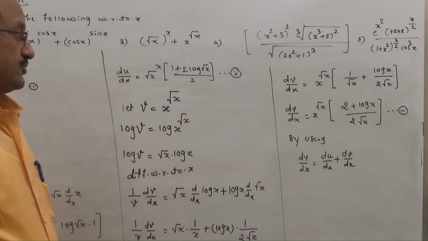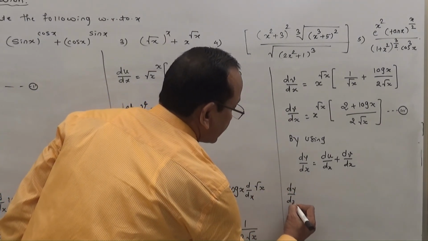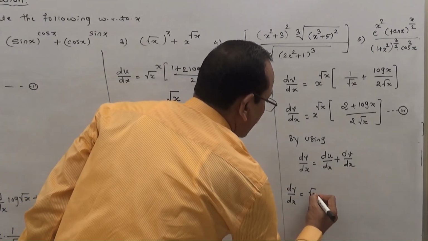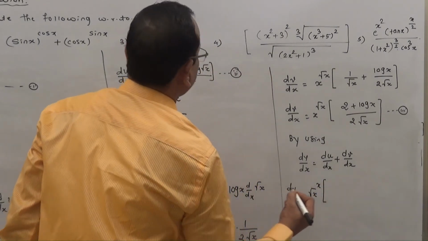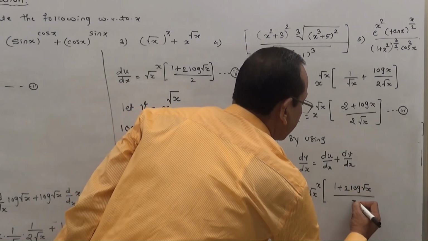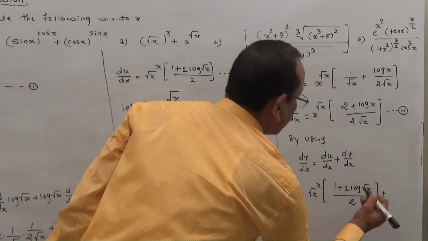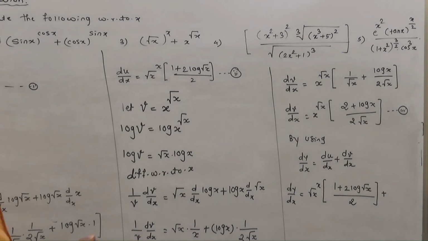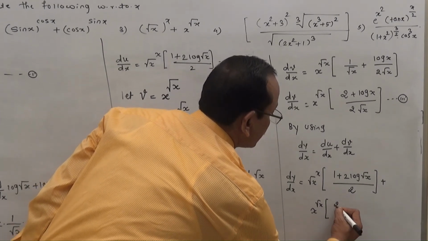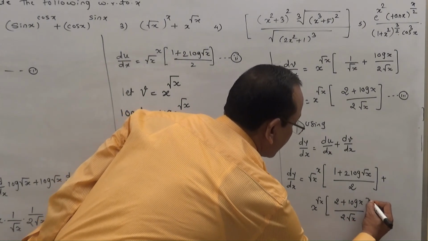Now adding 2 and 3, we get dy by dx is equal to, what is the value of du by dx, root x raised to power x into bracket 1 plus 2 times log of root x upon 2, plus x raised to power root x into bracket 2 plus log x upon 2 times root x.